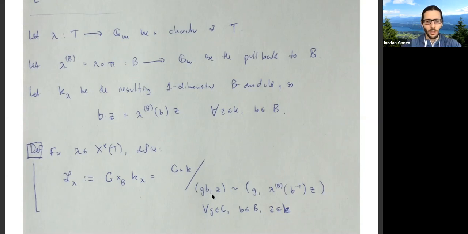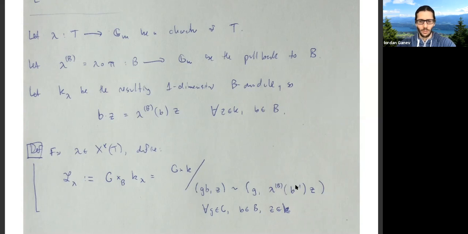You can think of this as the trivial line bundle on G. And we mod out by the following relation. If we had an element of the group of the form g times b, and it's paired with some z, then we declare that this is equivalent to moving b to the other side at the cost of an inverse.